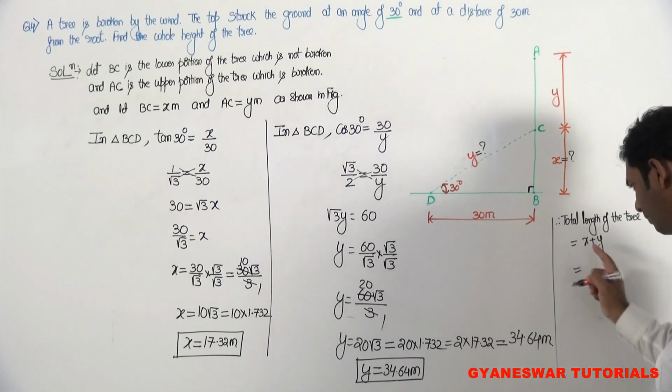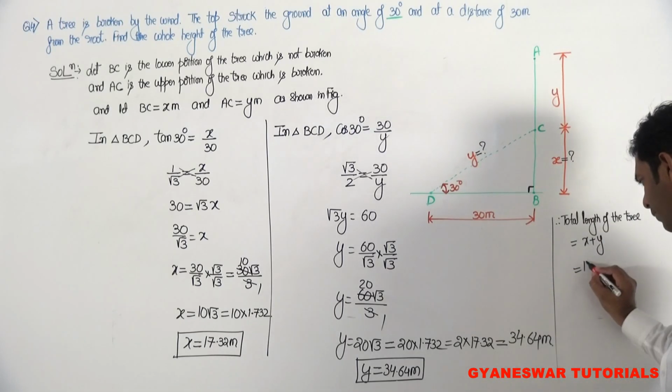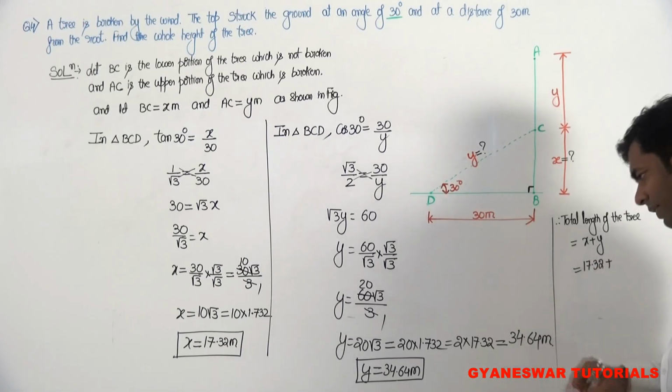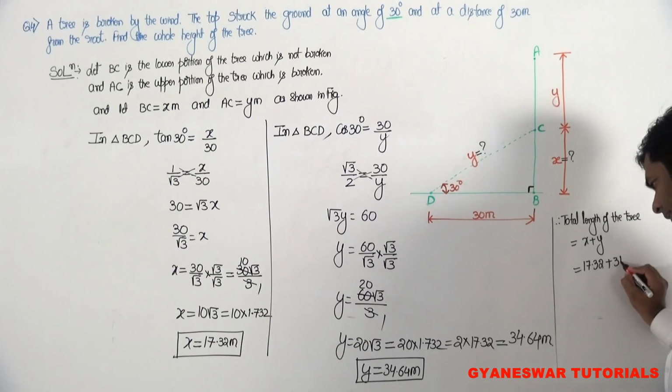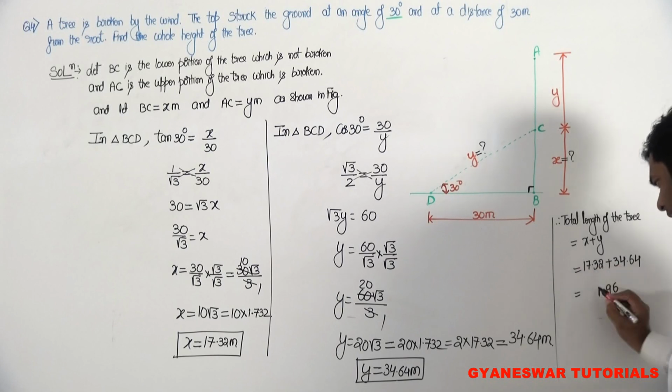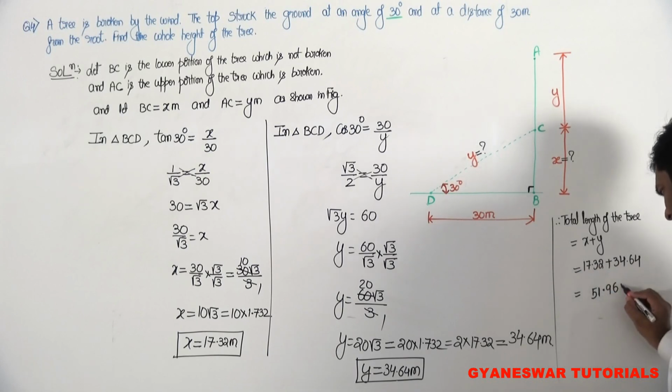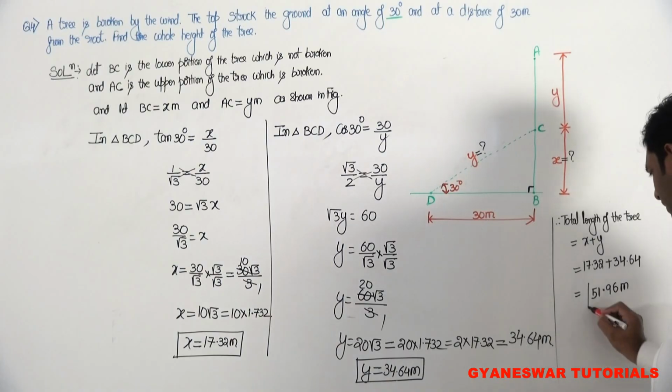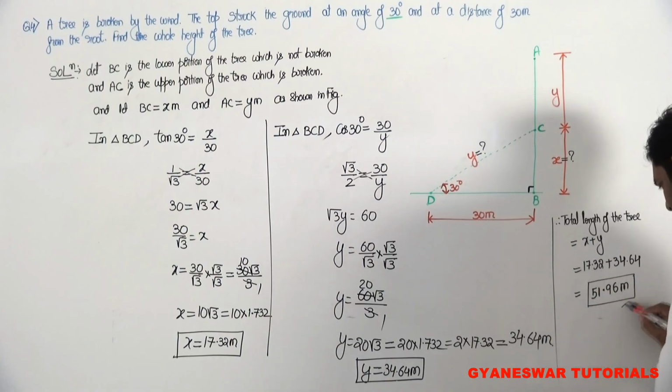The value of x we calculated is 17.32 plus y, which is 34.64, giving 51.96 meters. This is our final answer.